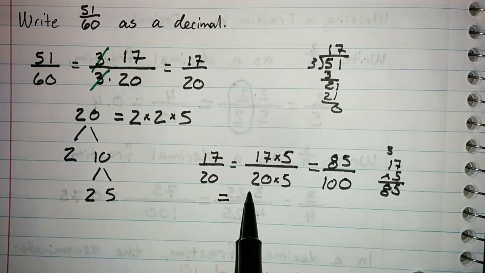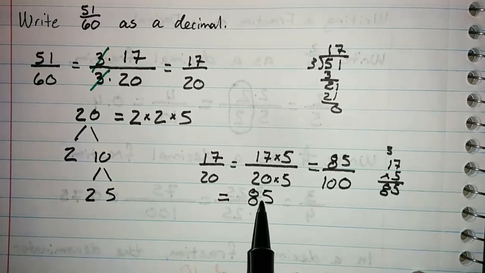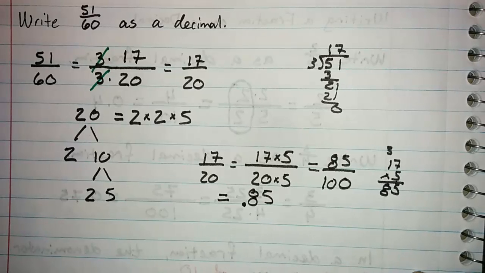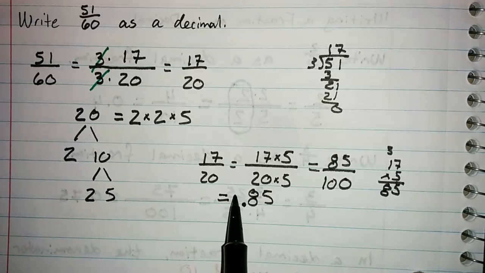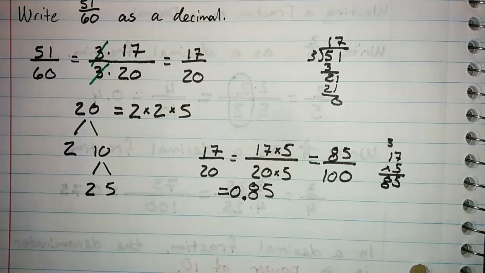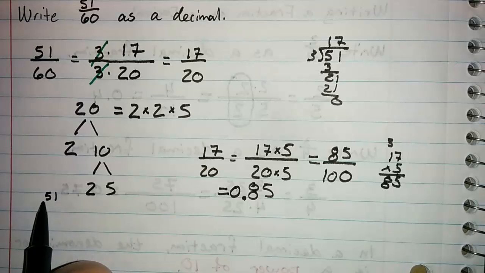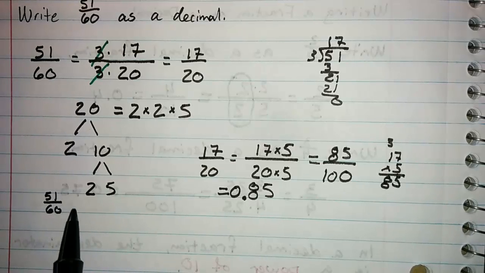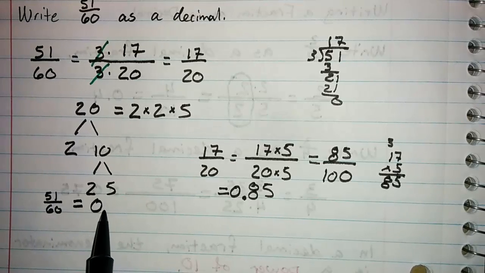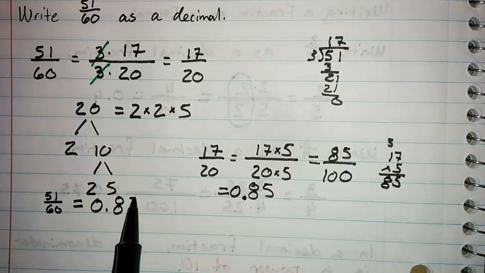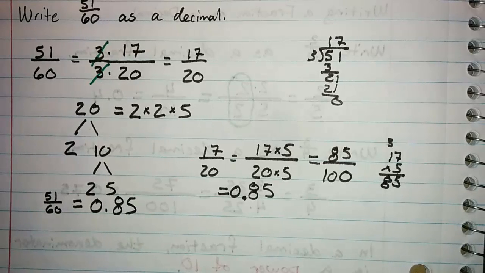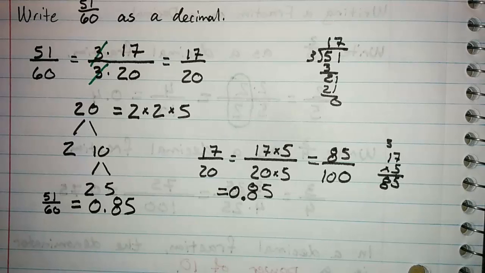This is, well, 85. I want 2 digits to the right of the decimal point, and a 0 before the decimal point because it looks nice. We get that the fraction 51/60ths is equal to the decimal 0.85.